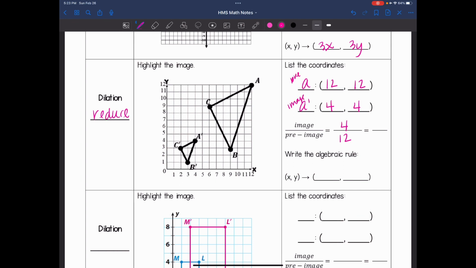My pre-image, my image. 4 over 12, reducing that is 1 over 3. And 1/3 is a heck of a lot smaller than 3. And we already said this is a reducing, not an enlarging. And 3 is larger than 1. 1/3 is smaller than 1. So there we go. Algebraic rule is 1/3 times x and 1/3 times y.